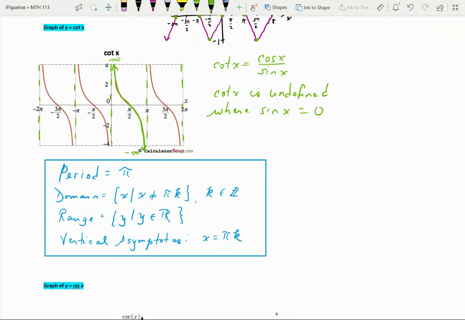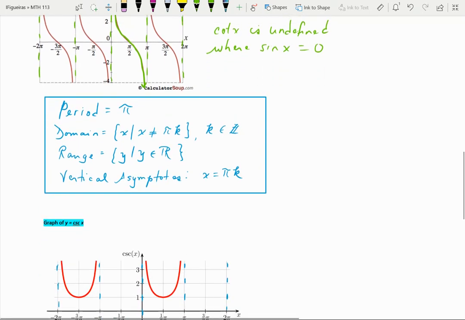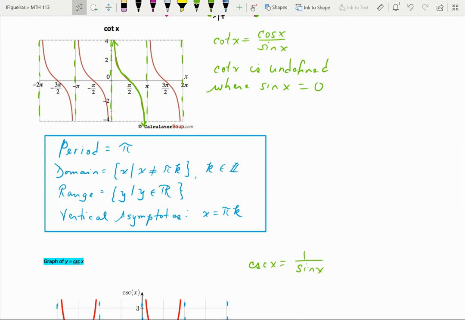Okay, cosecant has some similarities with cotangent, and that's because cosecant is equal to 1 over sine. So because it's equal to 1 over sine, just like I stated above, cosecant is undefined where sine is 0.